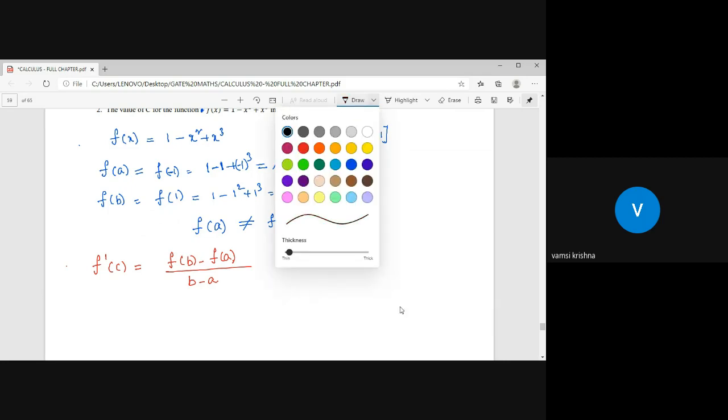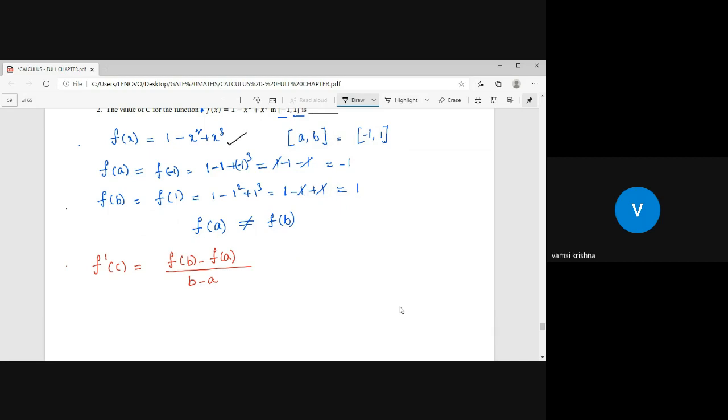Yes, f of x is available clearly here. Let us take f dash of x. If you take f dash of x, then you will get 1 minus 2x plus 3x square. So this is f dash of x, just to differentiate. Yes, sir.